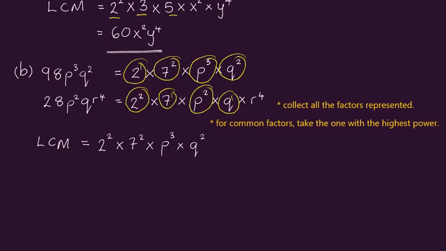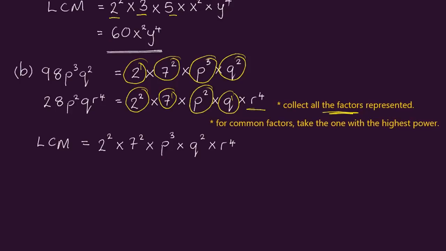We take q squared. And for r to the power of 4, r to the power of 4 is not common because we do not have any term in r for 98p cubed q squared. But since all the factors must be represented in the LCM, we simply take the r to the power of 4.